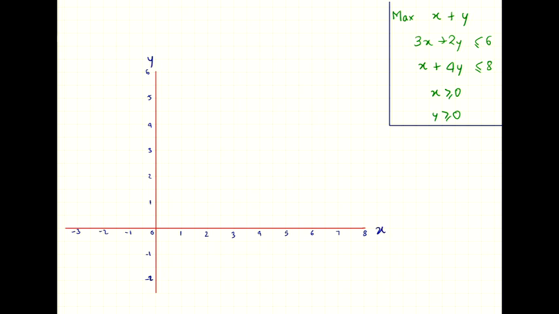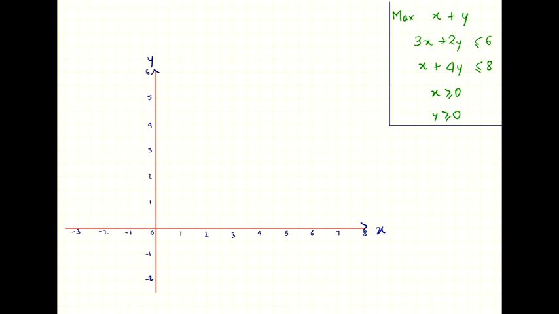Now I'm going to try to visualize this. Every point here is a candidate answer to this question. They might not satisfy the constraints, but it's a candidate answer. Now, let's see what these constraints tell us.